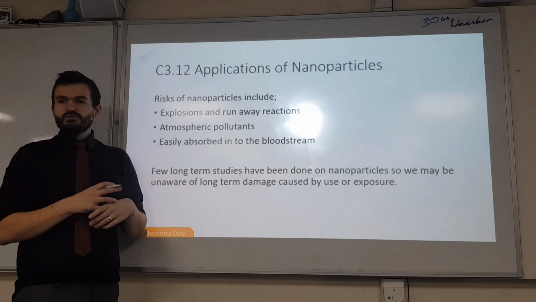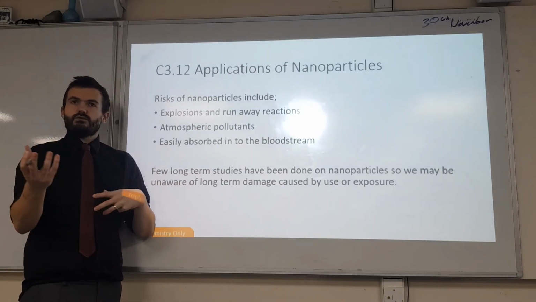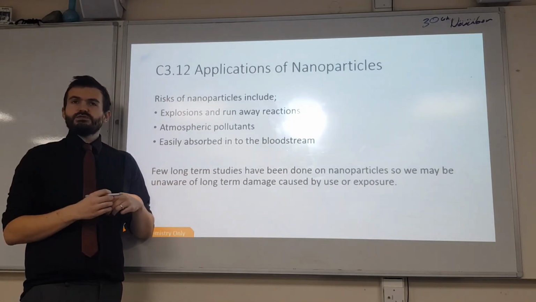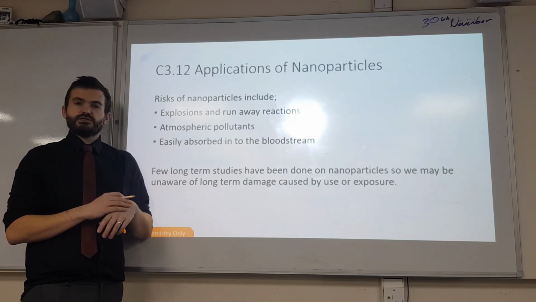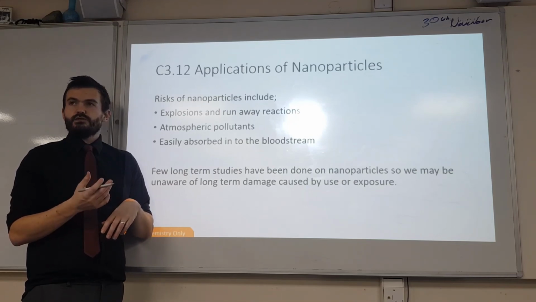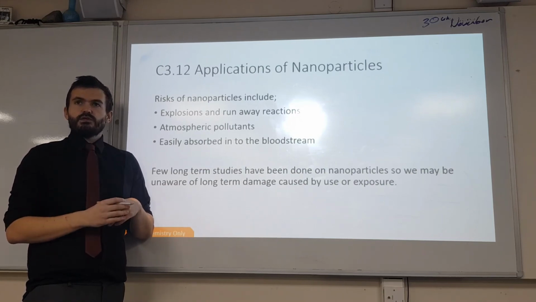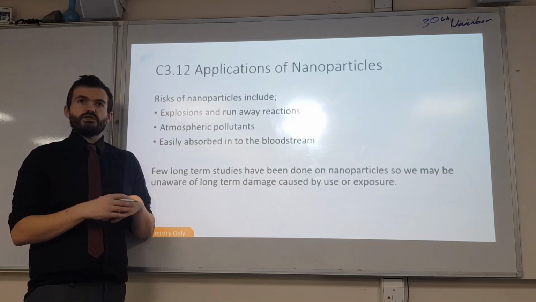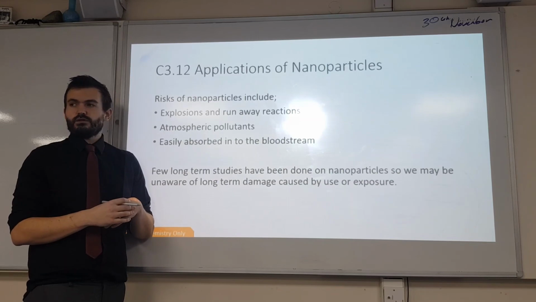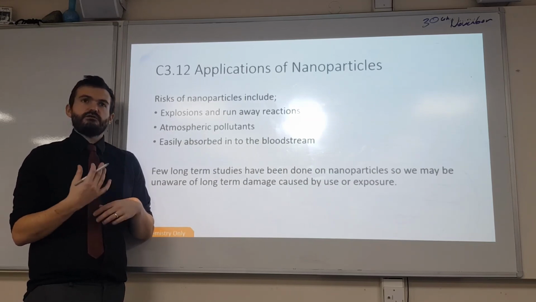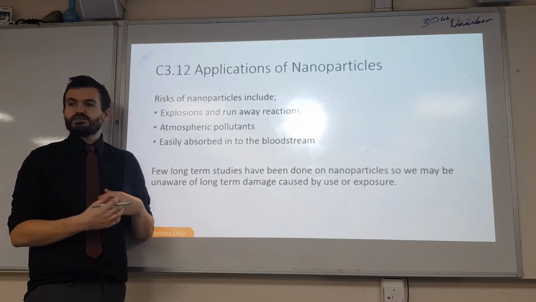And we've got easily absorbed into the bloodstream. Things like our sun cream, we've designed them to be tiny so they sit on the surface of our skin and absorb UV light. But if they are so small, if we breathe them in, they'll quite easily go into the blood in our system and then they'll travel around our body. So it's very, very easy for these nanoparticles to get into our bodies.